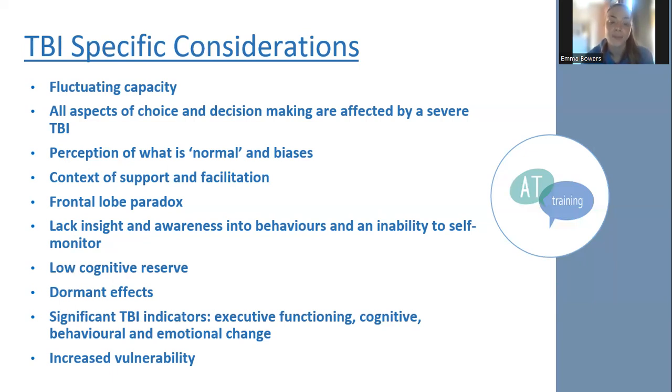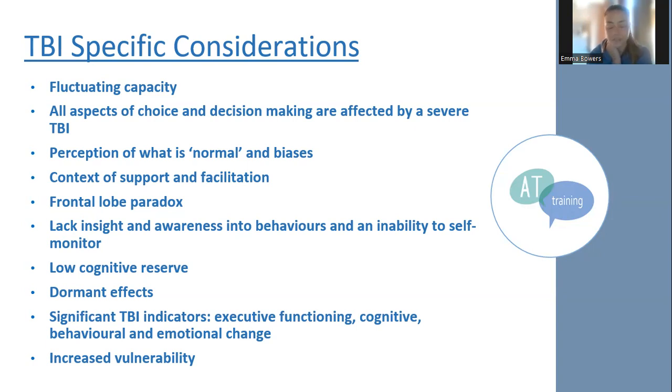We also need to bear in mind context of support and facilitation. So as an example, I do a lot of capacity work around social media. And one of the girls that I was working with had fluctuating capacity. And one of the reasons for that is because of her support team.